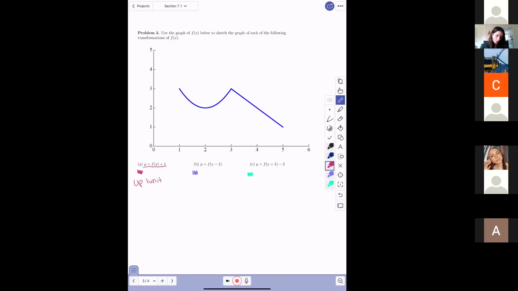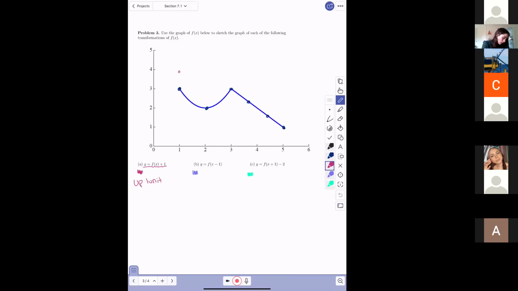So all we have to do to our graph is take a few points. I'll pick almost all the points, and we're going to shift them up 1 unit.